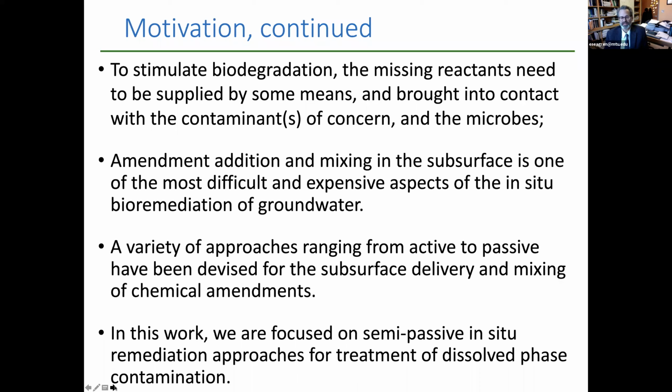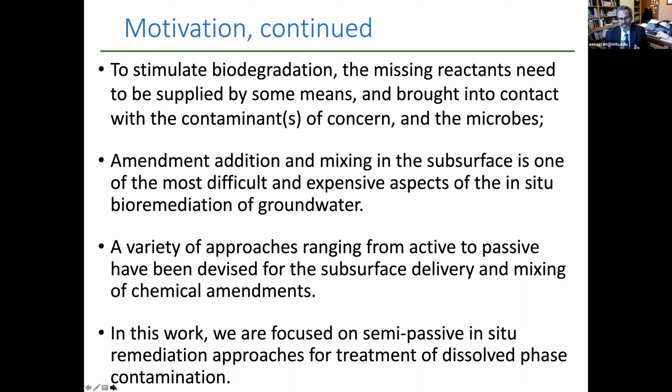And there's a variety of techniques that have been developed over the last few decades, ranging from very active approaches where, say, we're doing water circulation to circulate amendments through the contaminated zone, creating an in situ bioreactor, or using air as a carrier in the subsurface, either in the saturated or unsaturated zone, via air sparging, all the way to very passive techniques where we're putting in material and letting it slowly release into the subsurface.